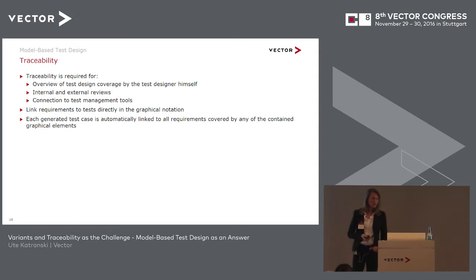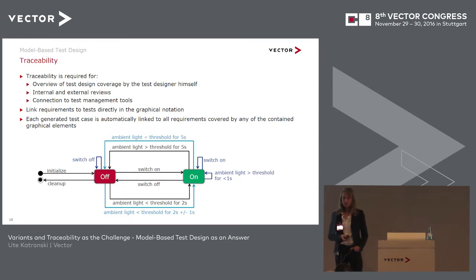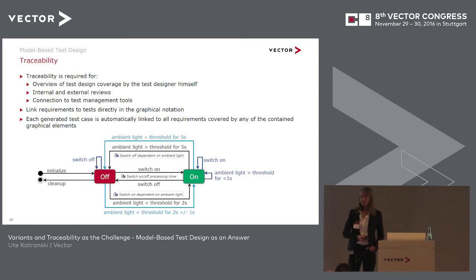So we say, okay, each test case that contains a graphic element which is linked with one requirement automatically covers this requirement. So in my state diagram, as an example, I would say, well, here I cover the requirement of manual light control, whereas here I cover the requirements for automated light control. So in the graphic, I link the requirements, or I map the requirements to the test cases or test sequences.